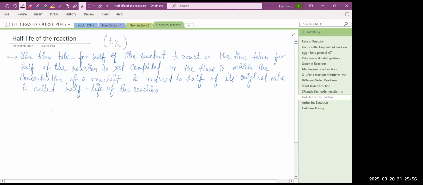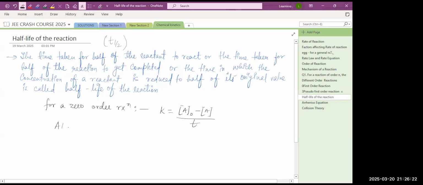Now let's see one by one what will be the half-life of a zero order reaction and a first order reaction. For a zero order reaction, we know that the rate constant K is equal to initial concentration minus final concentration upon T, right?